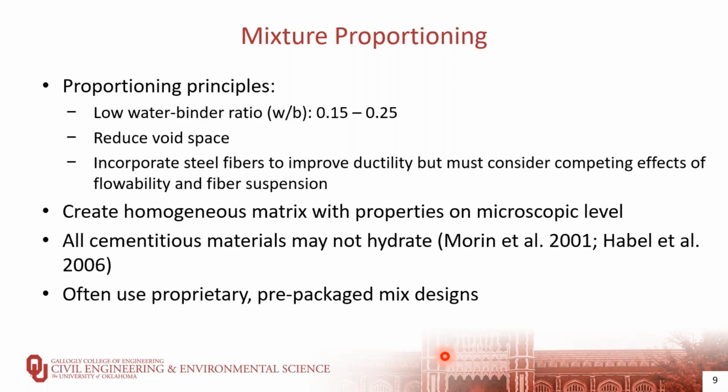And again, that overall idea of creating a homogeneous matrix with properties on the microscopic level rather than having more of the large aggregate particles that create an obvious composite material. All the cementitious materials in UHPC may not hydrate, which can lead to those materials really acting like aggregate particles and filling out the spaces within the matrix. And most commonly, UHPC that's been used in the field has been proprietary prepackaged type mix designs.